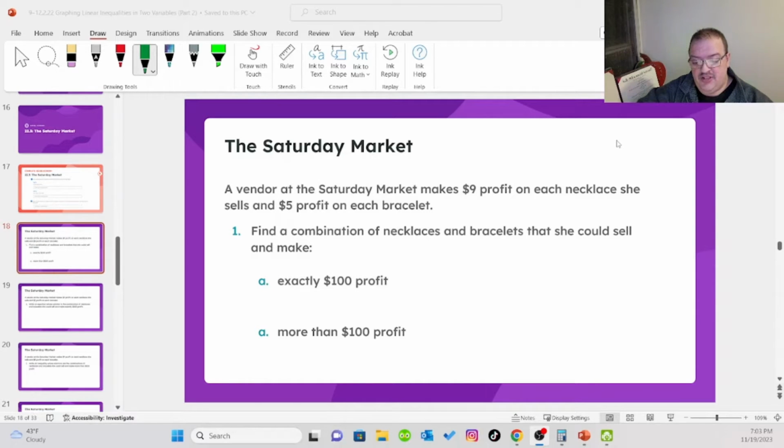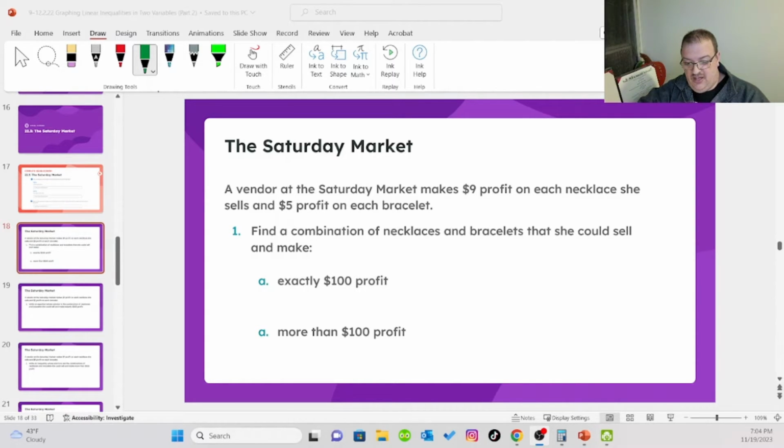Find a combination of necklaces and bracelets that she could sell and make exactly $100 profit. Now, looking at the numbers, I know that 5 is an easy number to use to get to $100. 9 is not as easy. So there's only two options that we could mix together here.